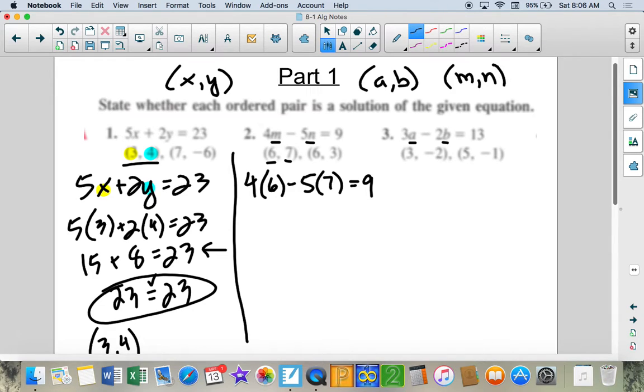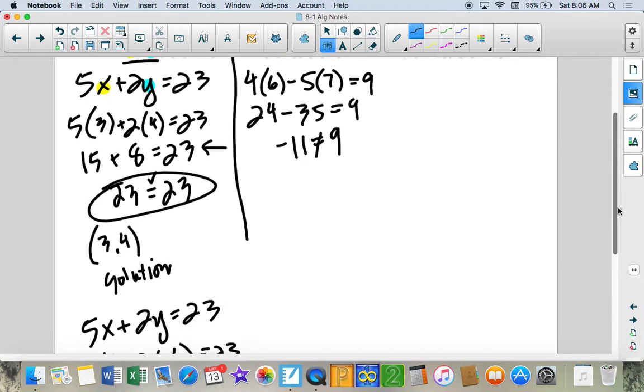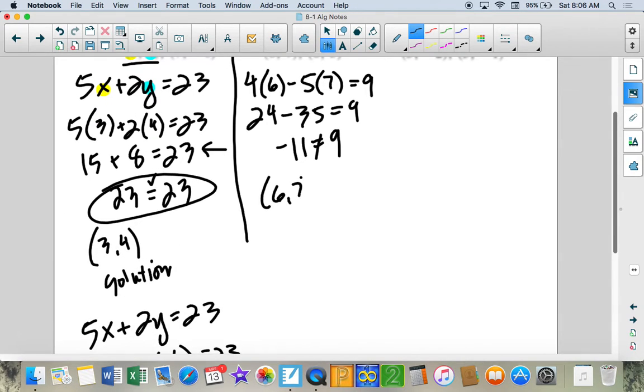M comes before n. So we always place those variables in alphabetical order when we're given a coordinate. So we get 24 minus 35. 24 minus 35 is negative 11, and it does not equal 9. So the coordinate 6, 7 is not a solution.